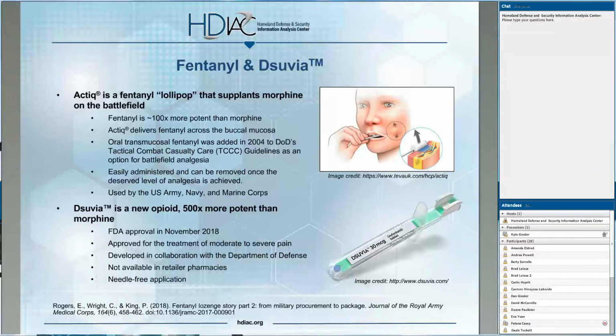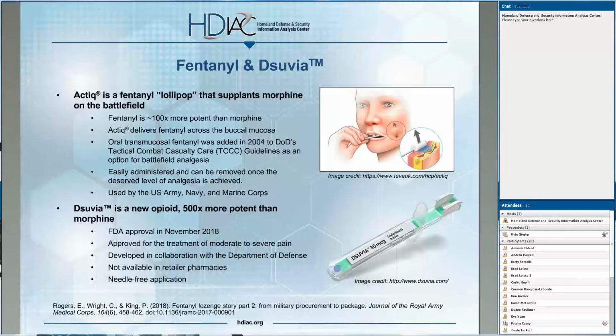Dsuvia is a wafer that is applied below the tongue. So again, this is not oral, but instead sublingual delivery to take advantage of the fact that we can get drug delivery through the vascularization of the mouth and into the blood. Dsuvia was developed in collaboration with the Department of Defense and AcelRx Pharmaceuticals.